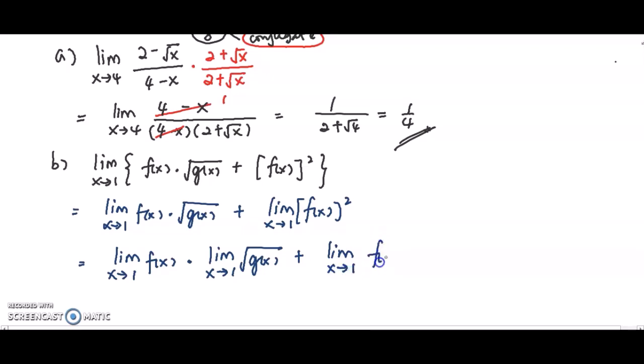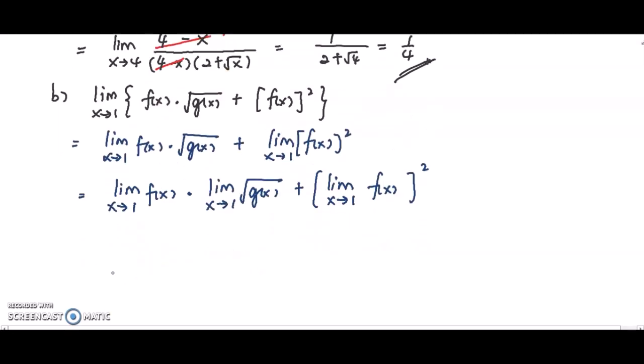There is a property saying that the power of n can be taken outside, with the limit put inside. This is one of the properties. You can check out your notes.